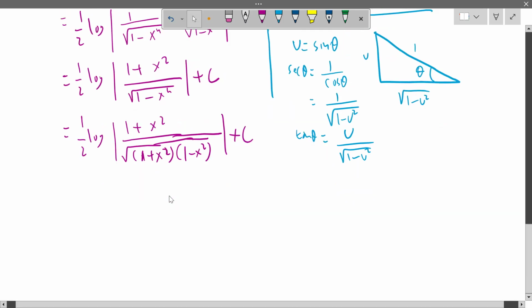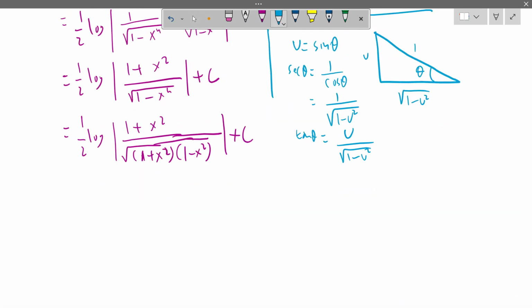Now, here there's 1 plus x squared, and there's another here. That means we can cancel out 1/2 of a power of 1 plus x squared. So we can cross this out, and then the numerator becomes 1 plus x squared to the power of 1/2, or the square root of 1 plus x squared.